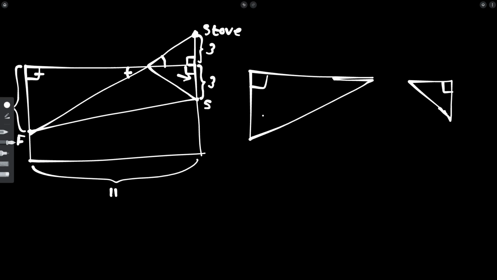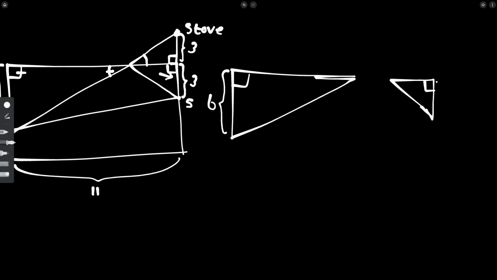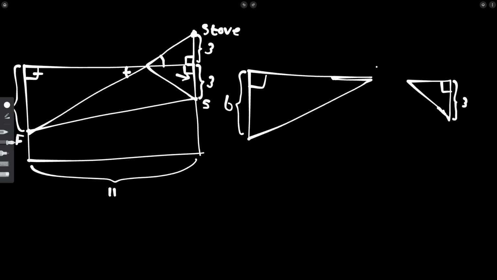So we are given that this side length here is 6, this side length here is 3. This side plus this plus this is 11. So if we go from left to right, we can call this one 11 minus x, and we can call this one just x.